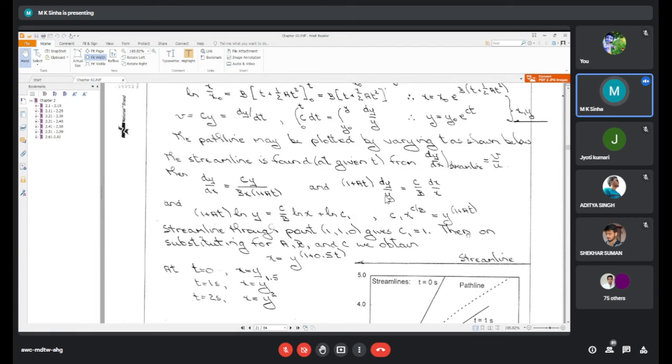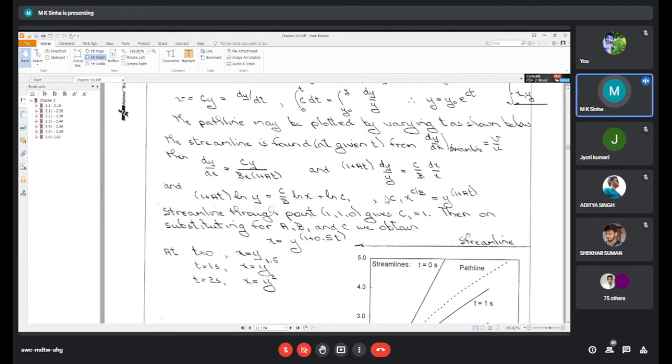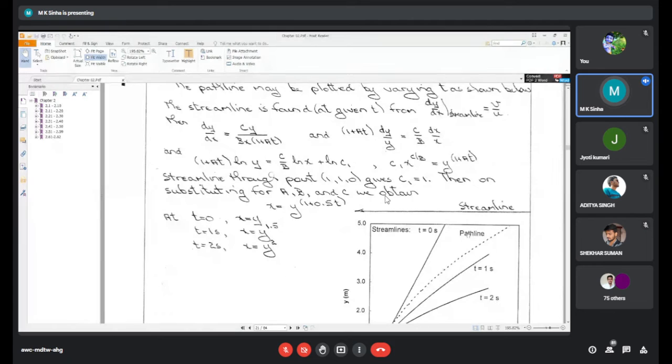And x equals y to the power 1.05t, and when t equals 0 this comes out for different situations. When it is 2, x equals y squared, that is a parabolic equation.